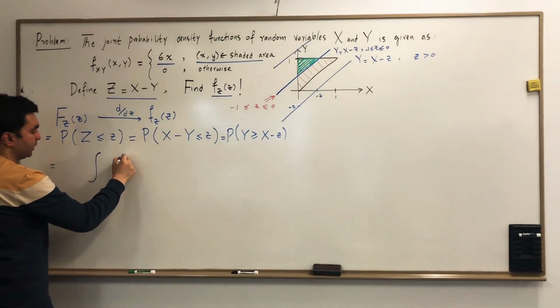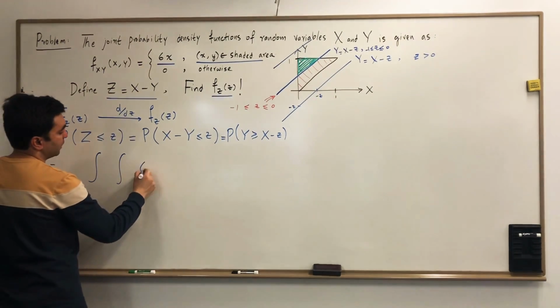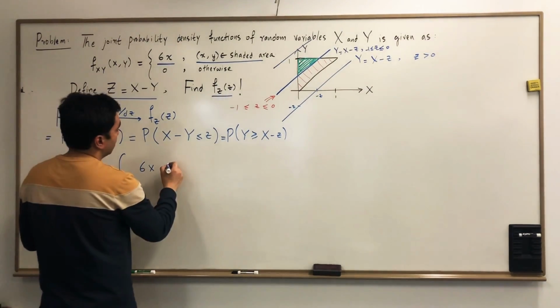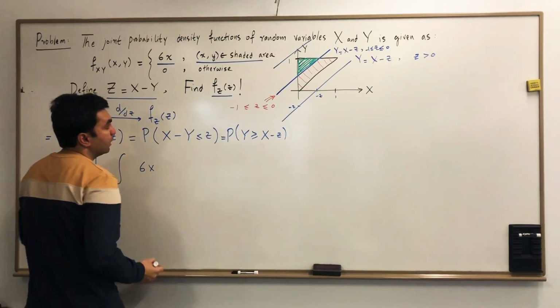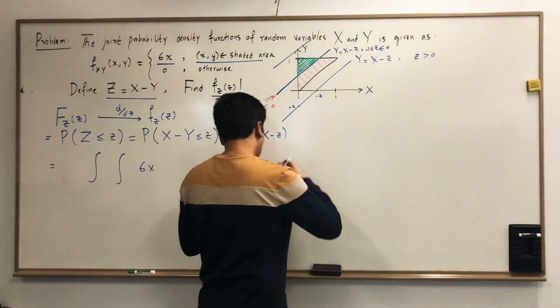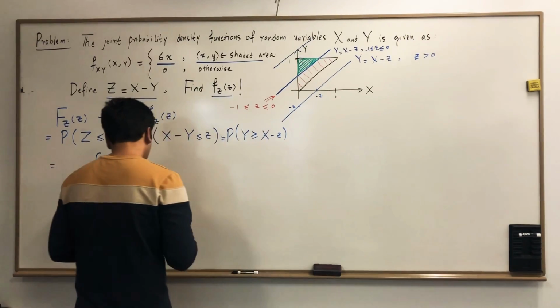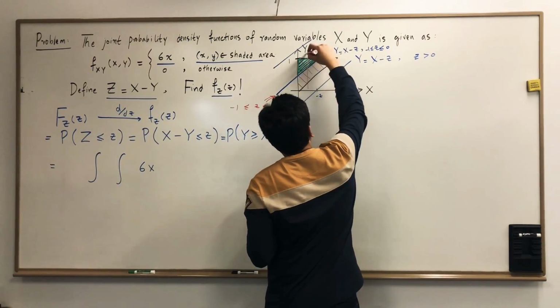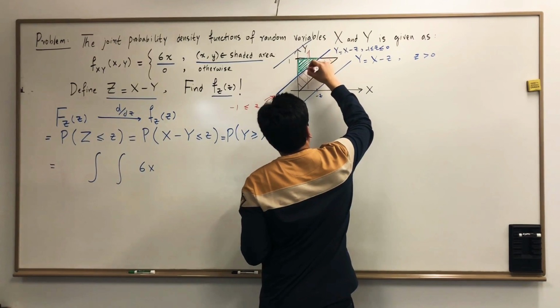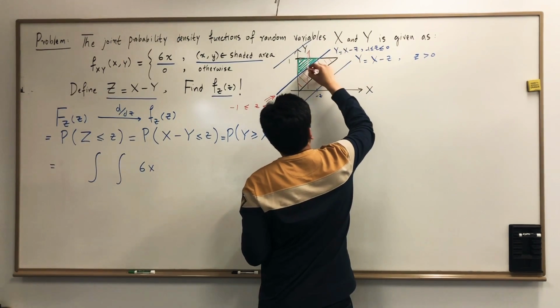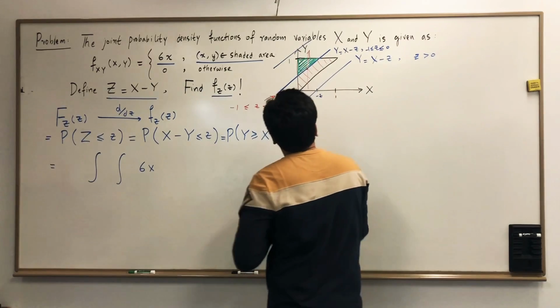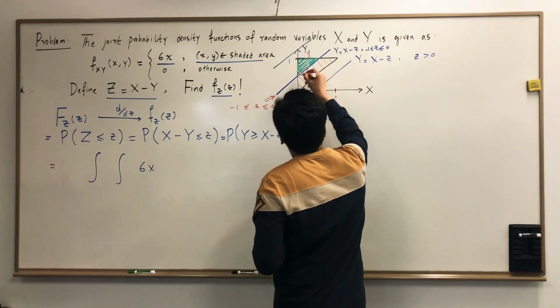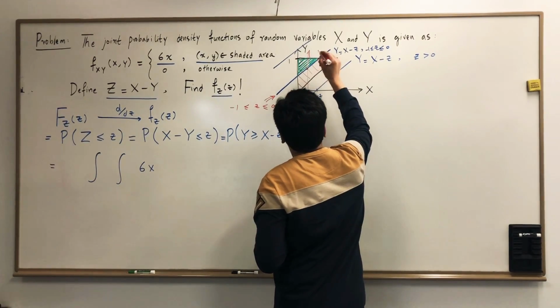So it will be a double integral of the density, which is 6x. And because this sort of region is easier to integrate over y first, y will be x minus z here, and y will be 1 here, and x goes from 0 all the way to this point here.